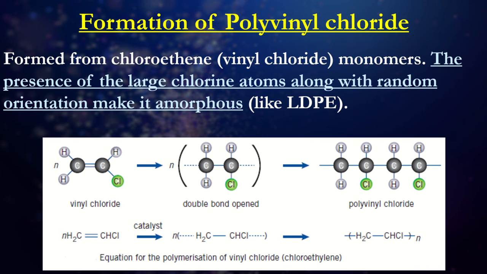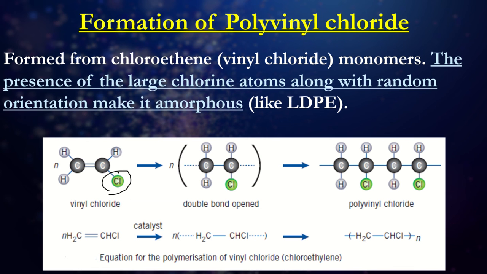Okay. Alright, so if we look at the formation of polyvinyl chloride, exact same idea. It still goes through addition: initiation, propagation, termination. What you can also see here, the monomer that we're using is vinyl chloride. The only difference, like I said, is that it has one chlorine in that particular group. It is also amorphous, like low density polyethylene.